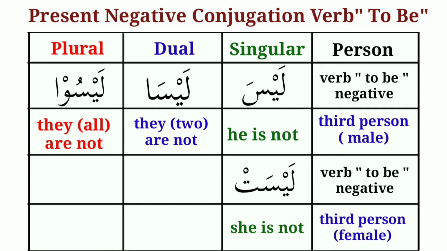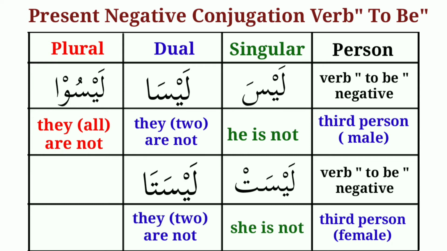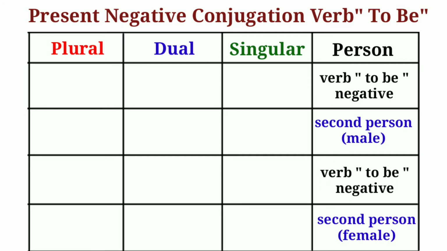Laisat. Laisat means she is not. Laisata, they are not. For dual, laisata, they are not. Lasna, they are not. For plural, lasna, they are not.